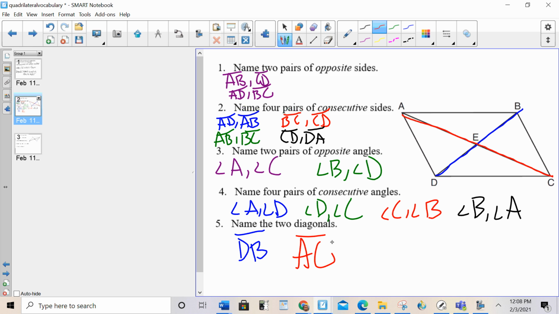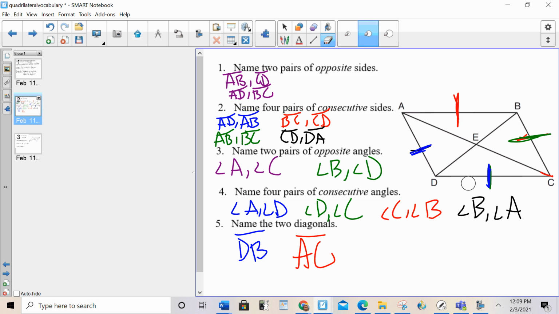And that's it. So again, my opposite sides were AB, CD, AD, BC. Those are the opposite sides because they're opposite each other. The consecutive sides, AD, AB, AB, BC, BC, CD, CD, DA, because they touch each other, each of those pairs. Consecutive sides touch. Opposite angles are angles that are across from each other.